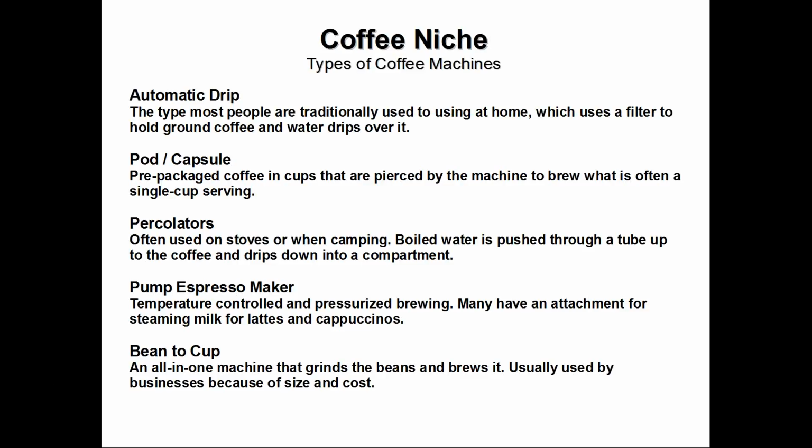And you also have to think about it in terms of the amount of coffee that it's brewing. Unless people are having a lot of guests over, they'd probably never have the need for the amount of coffee that one of these larger bean-to-cup machines will produce.